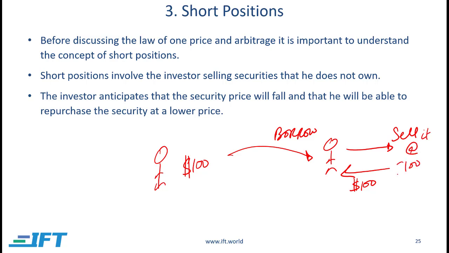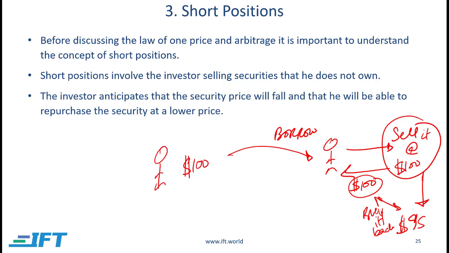And then I wait, I hope that the interest rates go up and this bond crashes in the market. Let's say it crashes to $95. Then I use my 100 to buy it back at 95. Remember, I had sold it for 100, right? So actually the $5 extra I get to keep, and then I return the bond back to you.